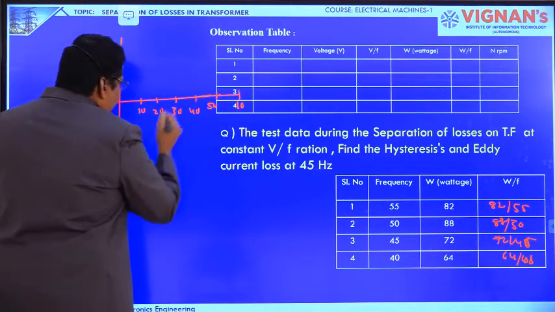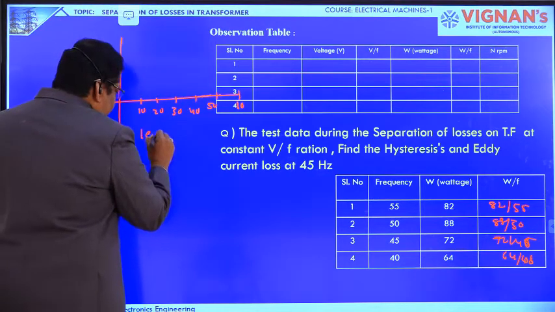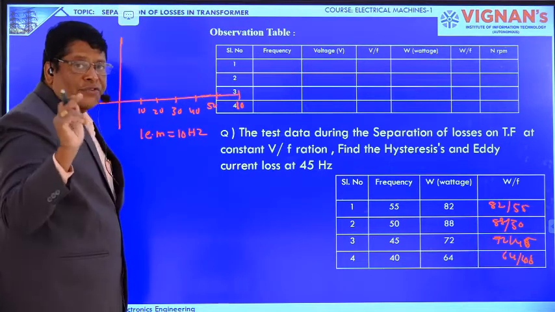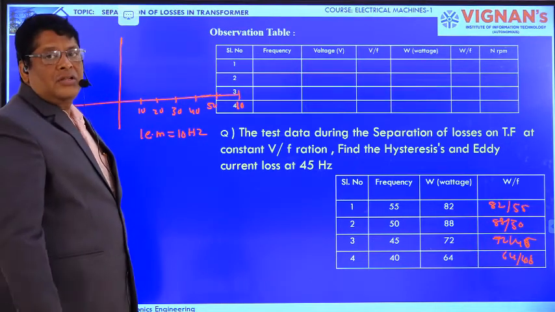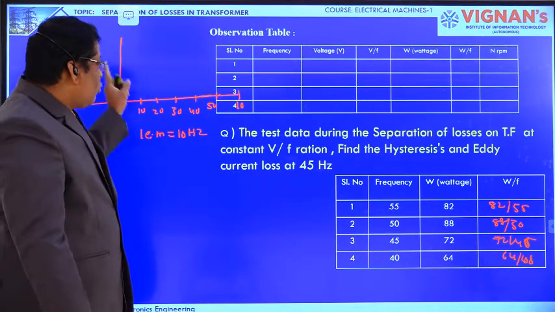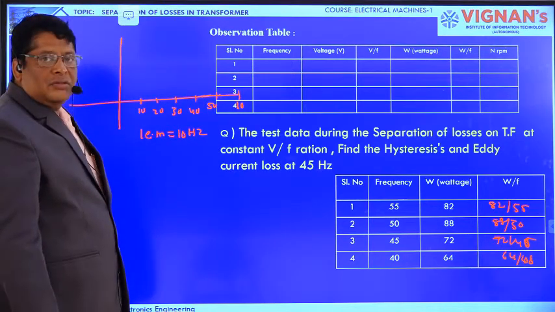On the x-axis we have taken 1 centimeter equal to 10 hertz. Definitely we should use the graph sheet only. If you use the graph sheet, you can get the correct values.